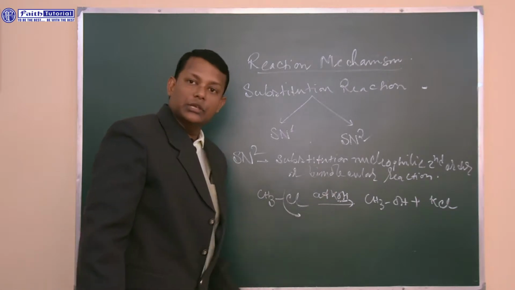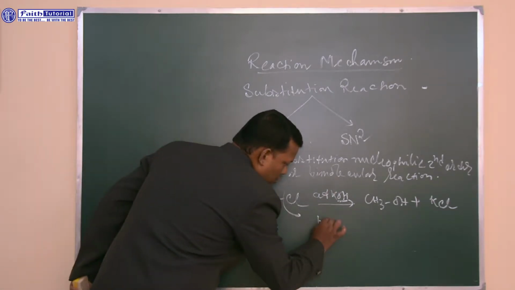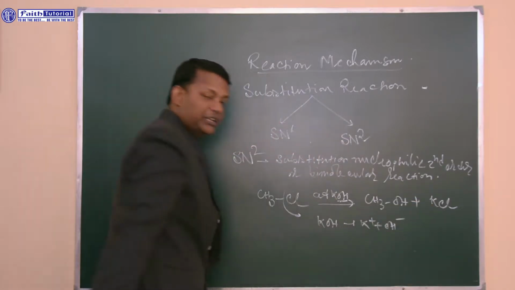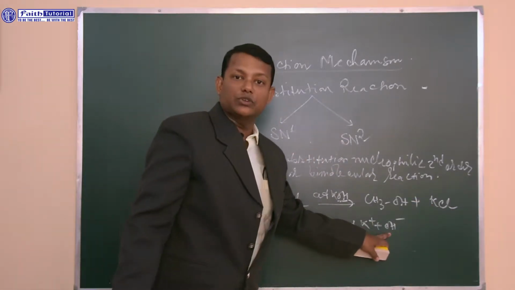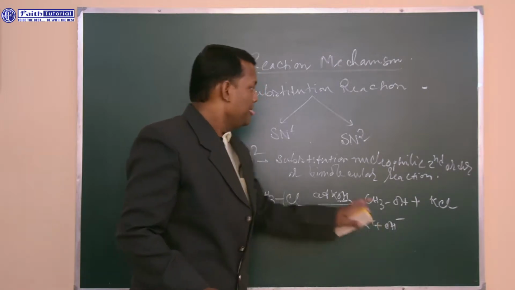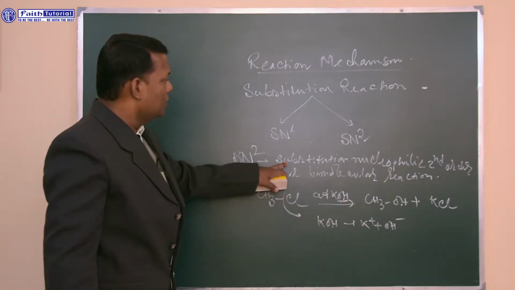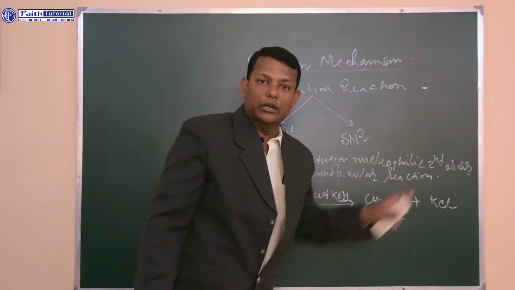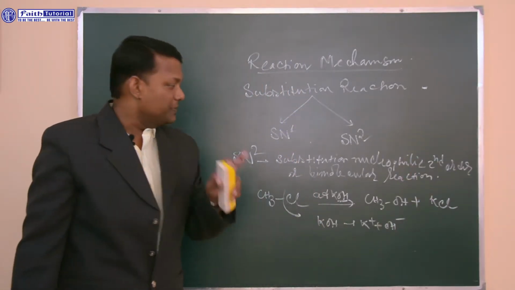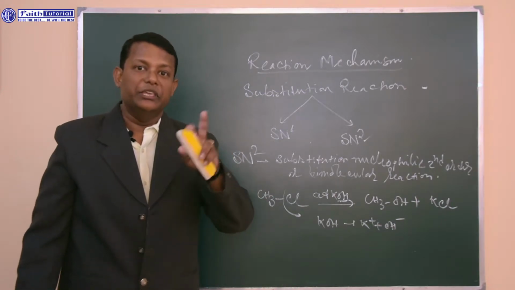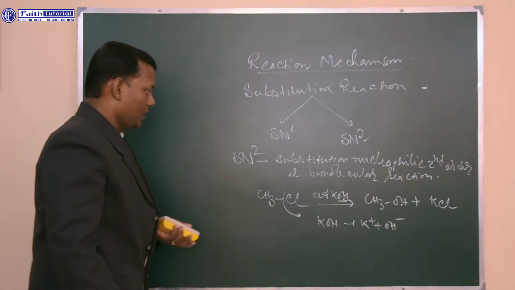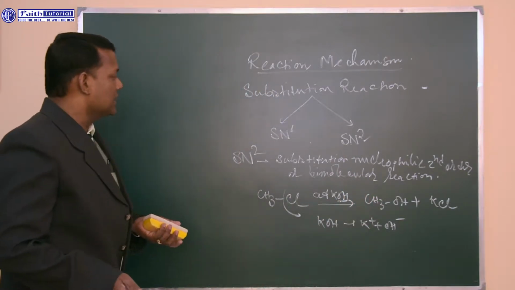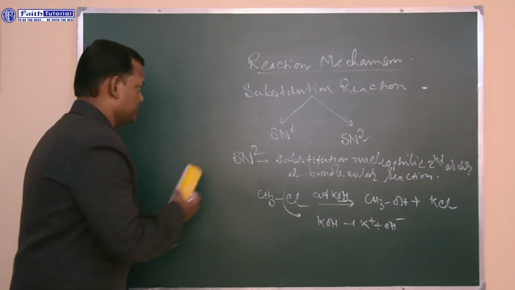KOH will dissociate to give K plus and OH minus. This OH minus is called nucleophile. That is why the reaction is called substitution nucleophilic second order. Nucleophilic means substitution is done by using a nucleophile. This is the reaction. Next, let us consider the mechanism of that reaction.